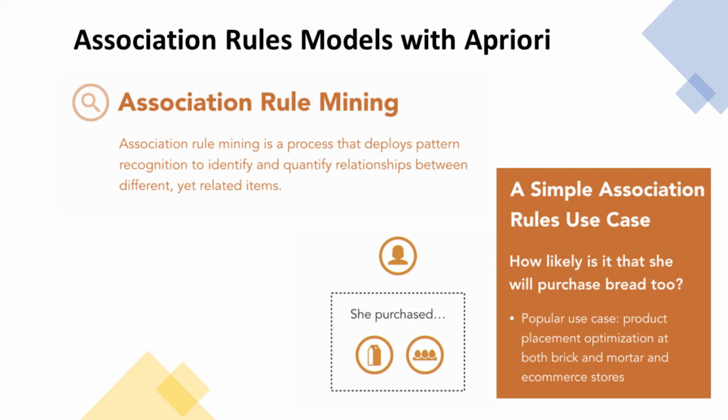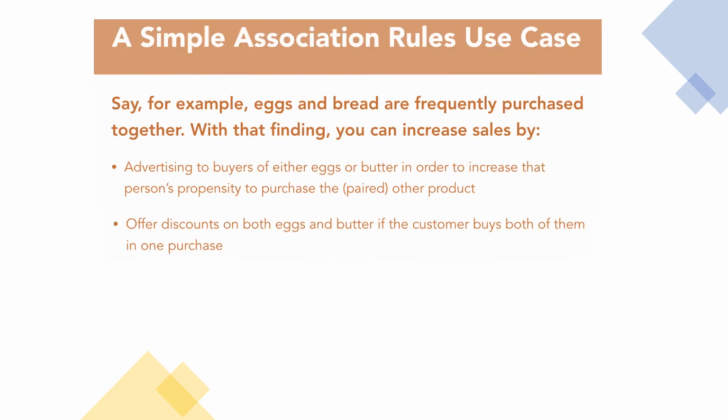With that finding, you can increase sales by, 1, placing eggs and bread next to one another, so that when a customer buys one of the products, he doesn't have to walk a long way to buy the other product. Or 2, advertising to the buyers of either eggs or butter in order to increase that person's propensity to purchase the paired product. Or 3, you could offer discounts on both eggs and butter if the customer buys both of them in one purchase.